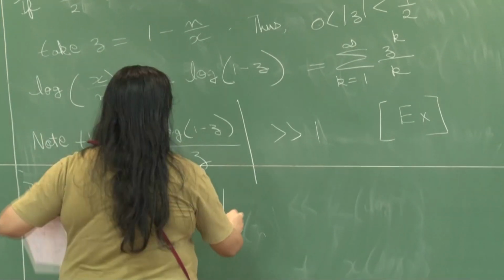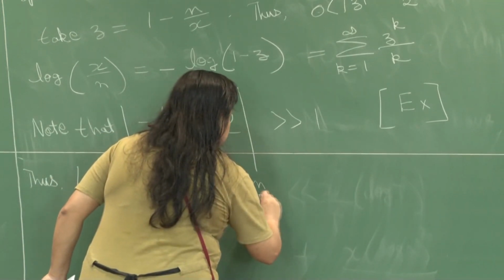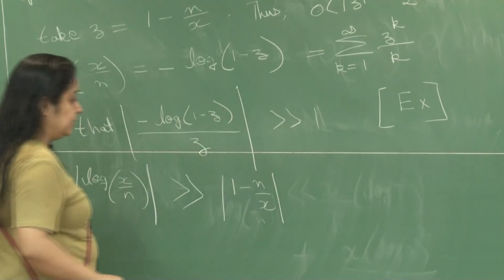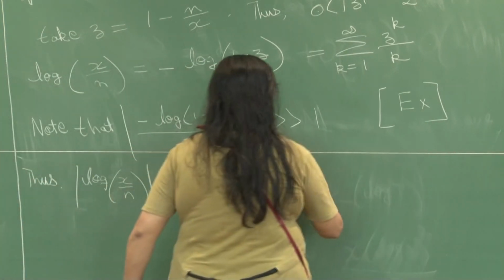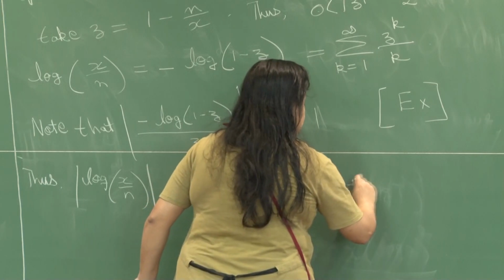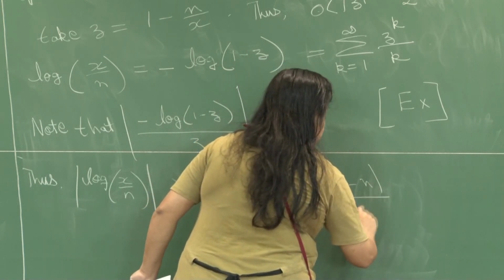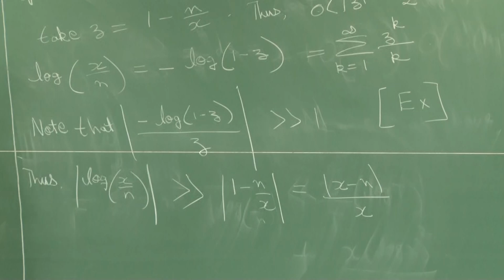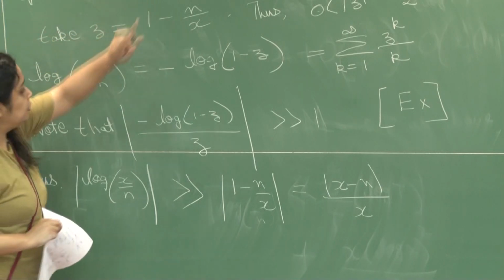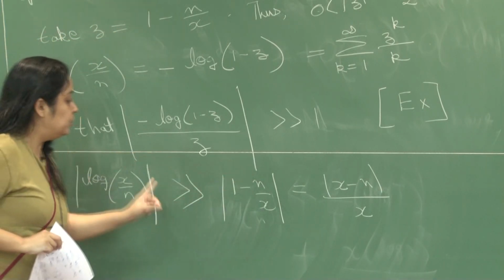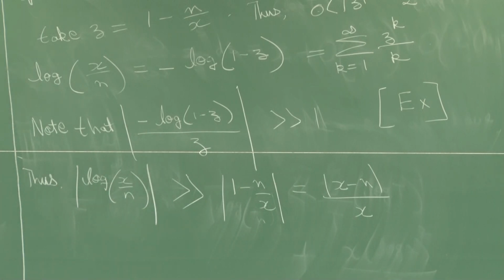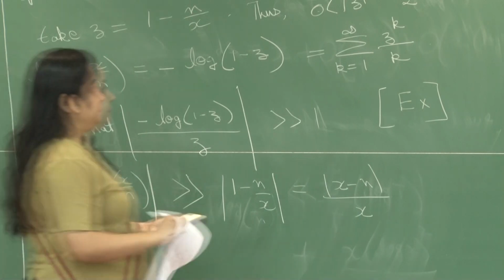What is the absolute value of z? It is 1 minus n over x, which is the absolute value of x minus n over x. And therefore, in this part of the sum, we use this lower bound for the absolute value of log of x by n.